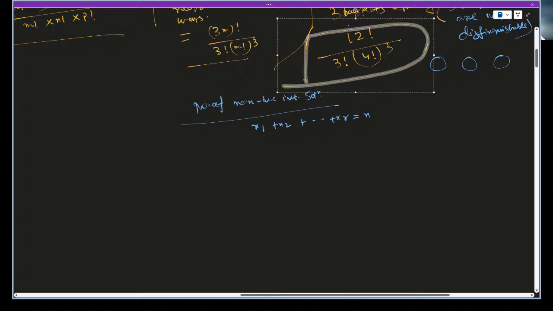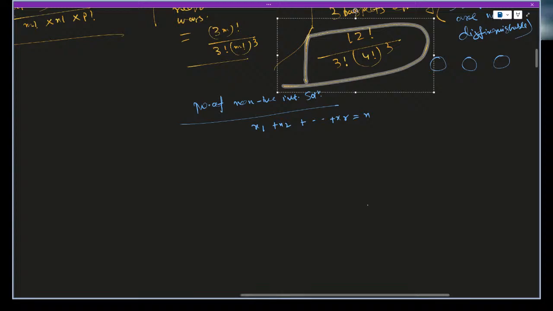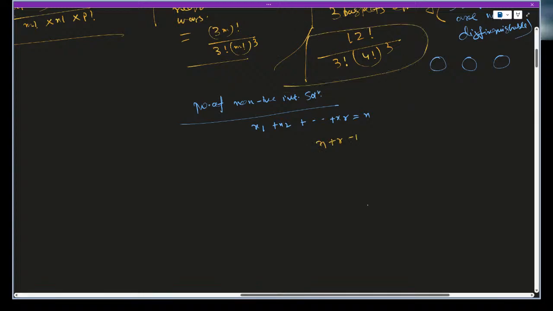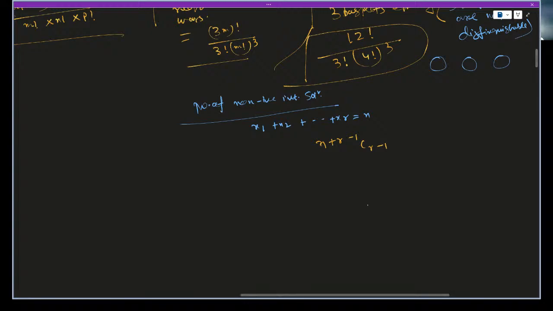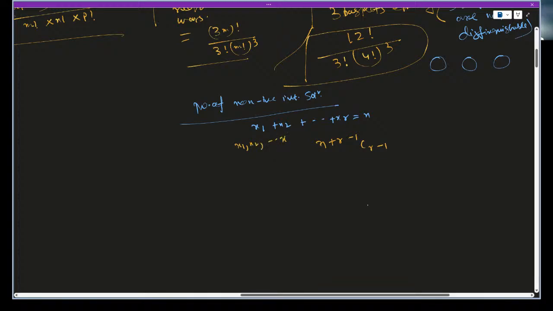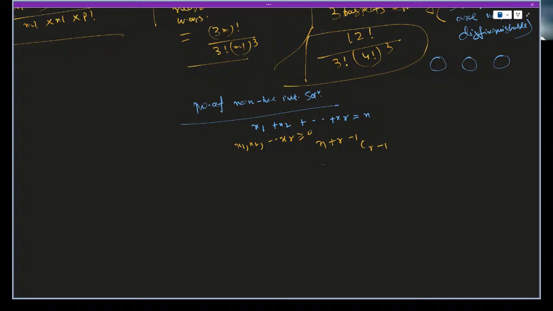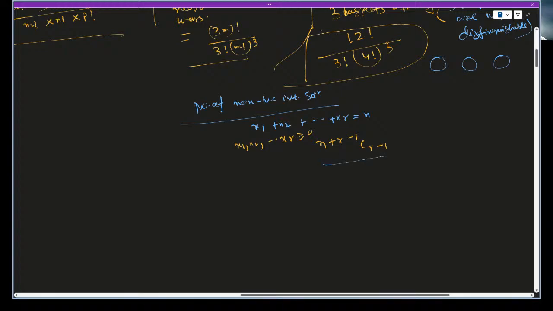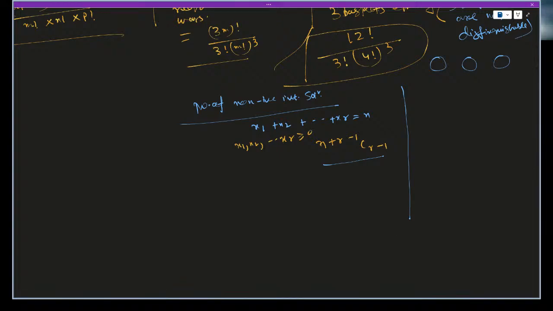I am just writing the formula here. The number of non-negative integral solutions will be n plus r minus 1 C r minus 1, where x1, x2, ... xr are all greater than or equal to 0. Then this is the number of solutions. This is very easy to prove.